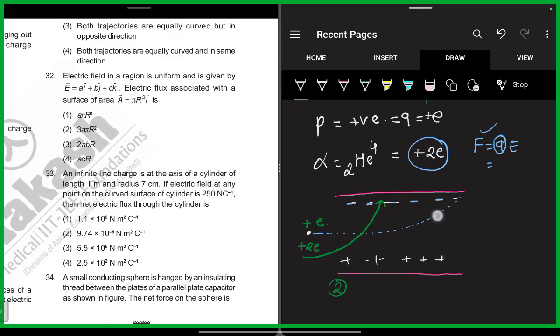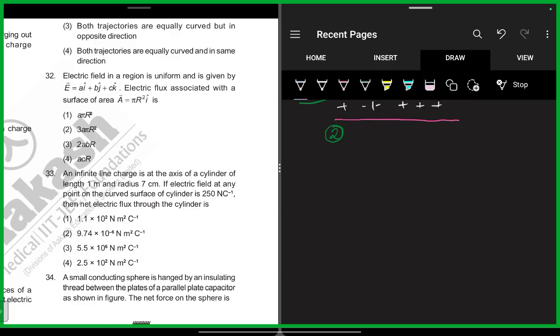Now go for the 32nd question. The electric field in a region is uniform and is given by this expression. The electric field is associated with a surface area as given.